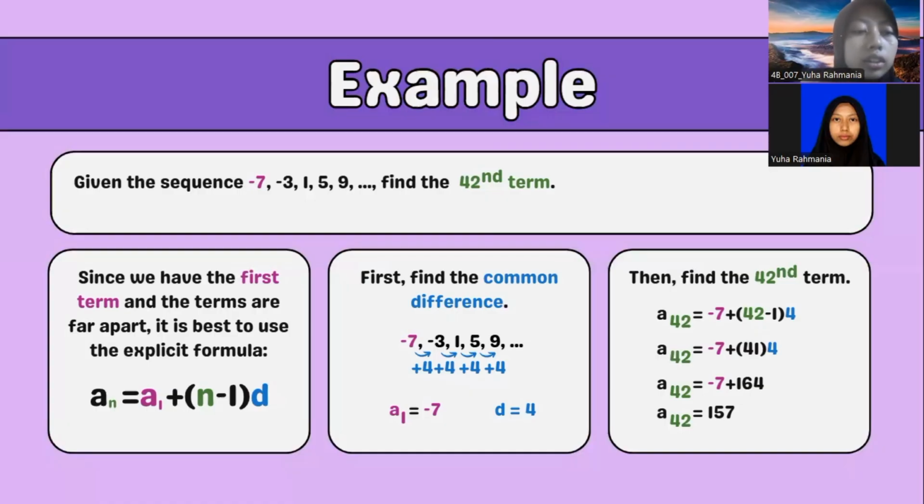After substituting and simplifying, we get a42 equals 157. So the 42nd term of the sequence is 157.